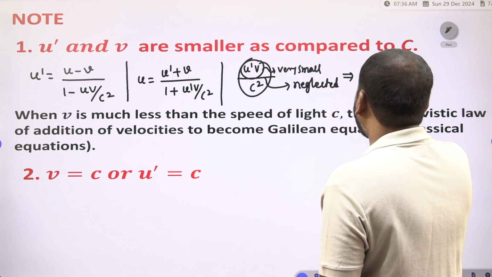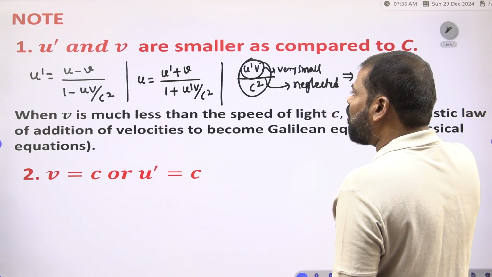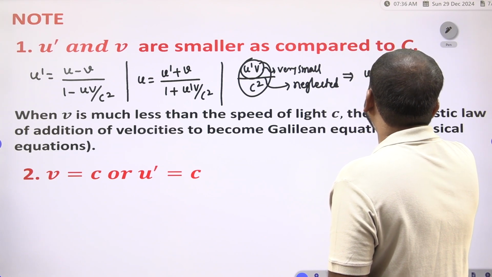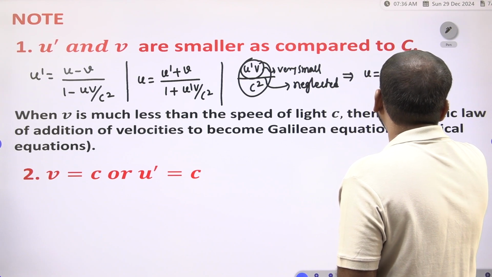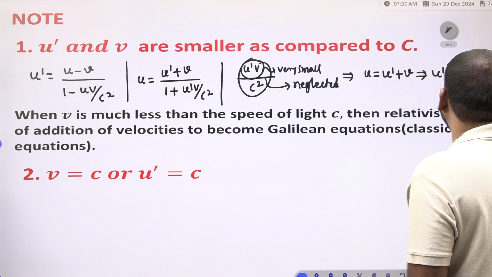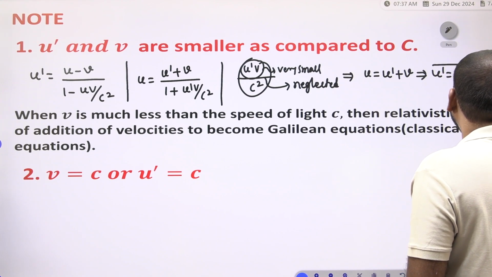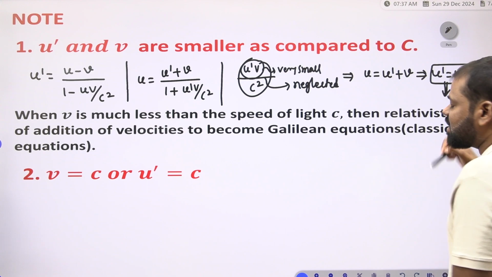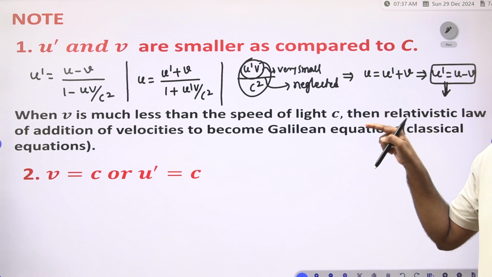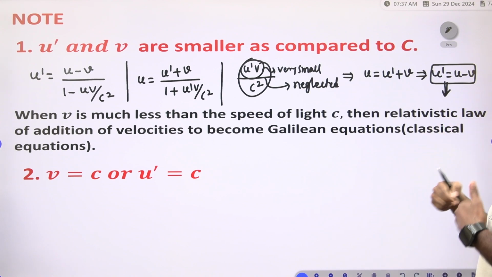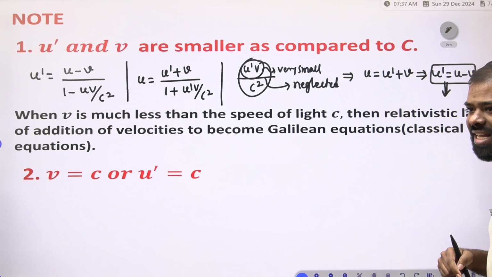So our expression will become u is equal to u dash plus v, that is, u dash is equal to u minus v. This is exactly equal to the Galilean classical equations.